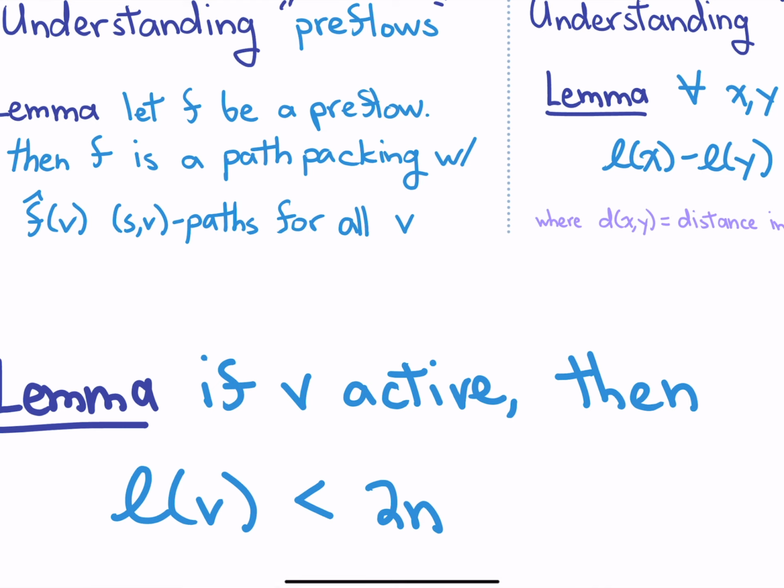That includes, in particular, if V has excess flow, some path from S to V. You start at the source and you're pushing flow, and now V has somehow accumulated some flow. So there's some flow path, that sequence of edge pushes, that gave V the flow.